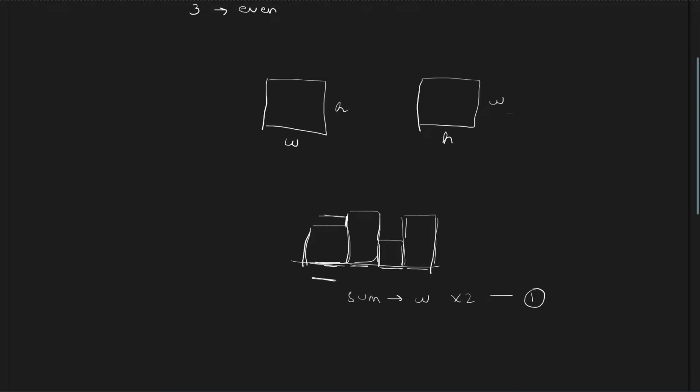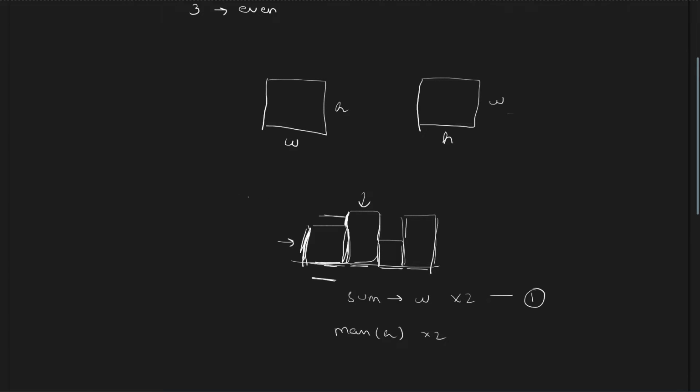Now the perimeter with respect to the height would be the maximum of all those heights multiplied by 2. Why? Because if I talk about the perimeter, then this particular part is exposed to the outside, right? For this particular taller rectangle, this part is already covered, so the only extra part that is exposed is this extra part, right?